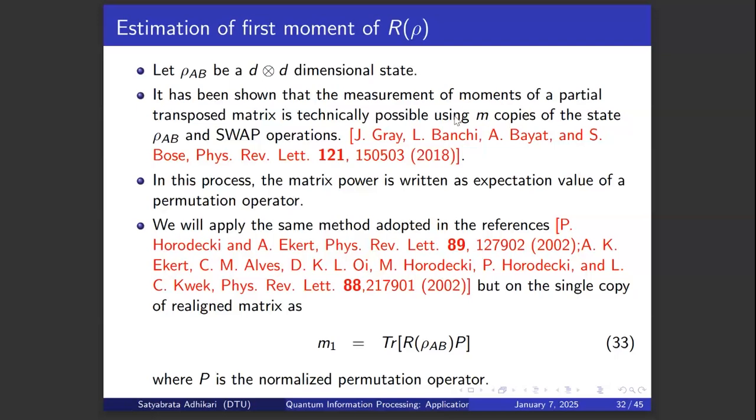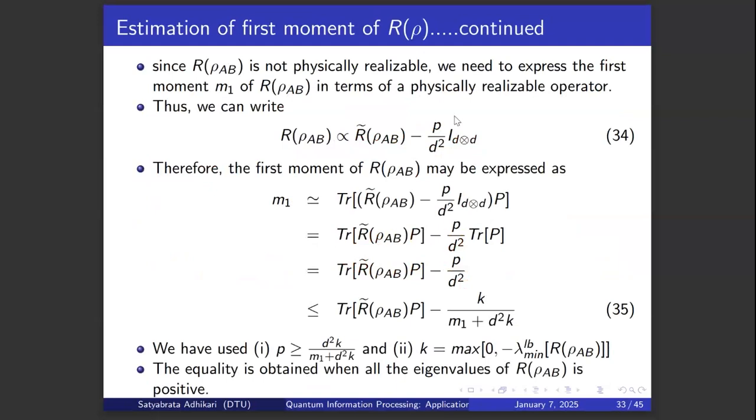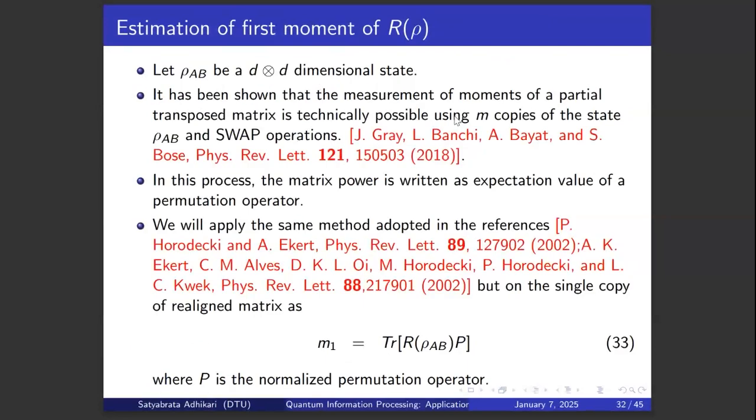To do this, we have used the permutation operator P in the first moment, and then we have derived that the first moment can be written in terms of the first moment of R tilde. Here just observe that R rho AB is the realignment operation, and it is neither positive nor completely positive for some density matrices.